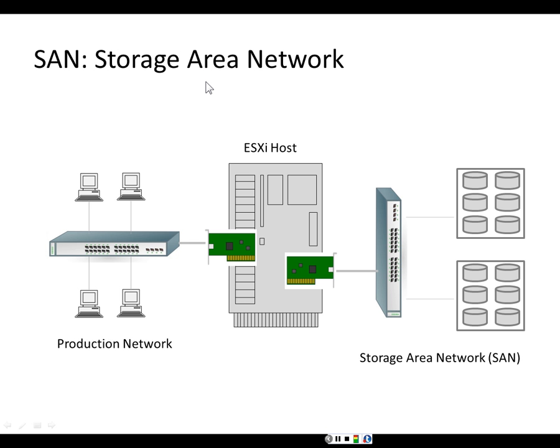Now, a storage area network is used to connect disk arrays by way of a switch to the ESXi host. And the purpose of the storage area network is to carry traffic from virtual machines on the ESXi host to the disk arrays.